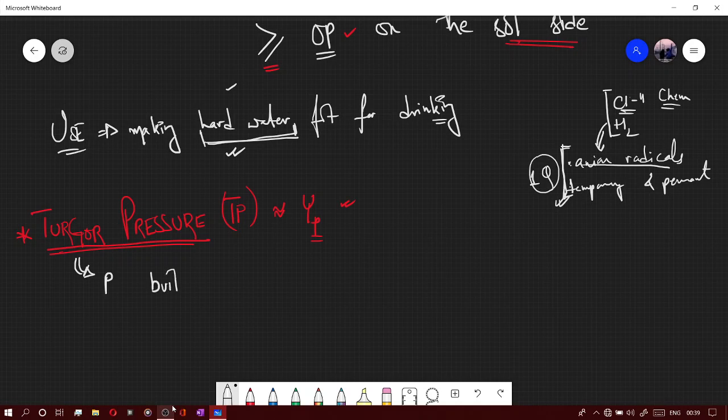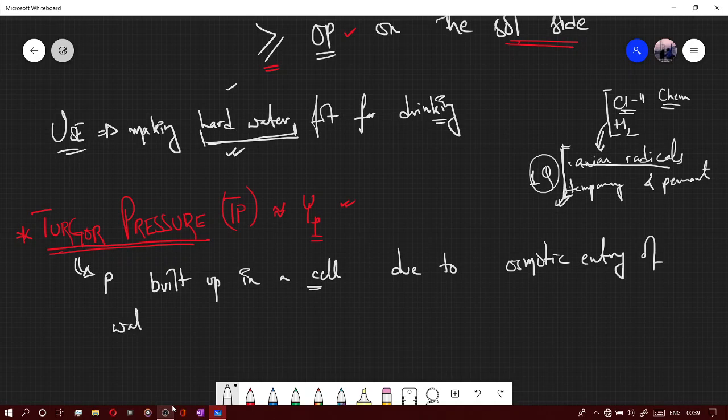Pressure built up in a cell due to osmotic entry of water into it. This is it, nothing more.